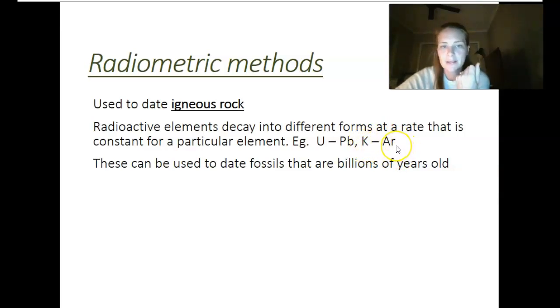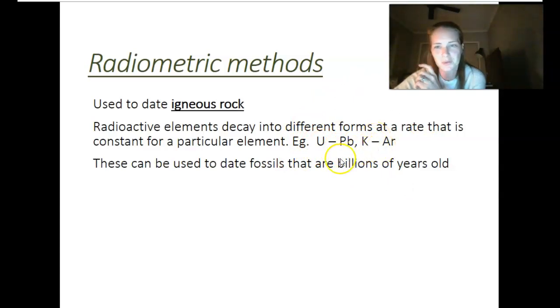Potassium argon dating is another radiometric technique, and both of these can be used to date fossils that are billions of years old. So I think some of these go up to 6 billion years, and the Earth is only 4 billion years old. So that's well and truly going to cover us for the evolution of life.